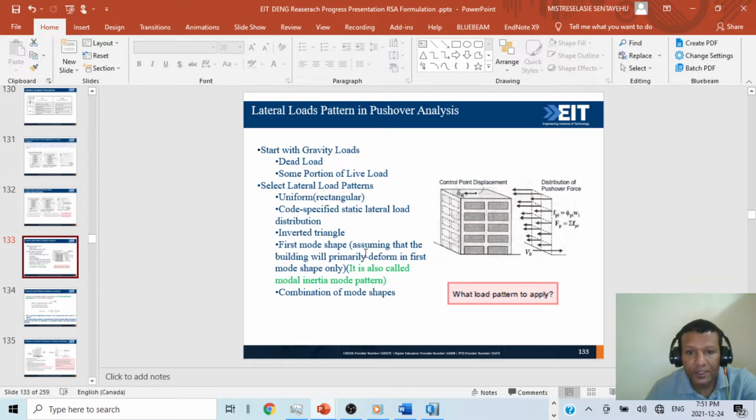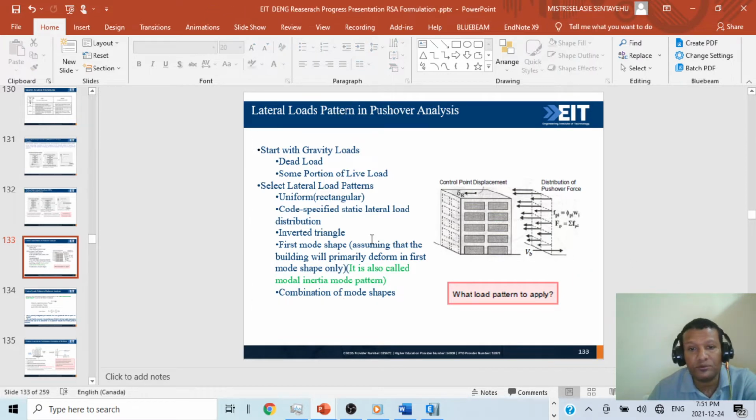So we can assume that the building will primarily deform in the first mode shape only. There is no contribution from higher modes, second mode, third mode, fourth mode. We simply assume that the first mode is dominant.